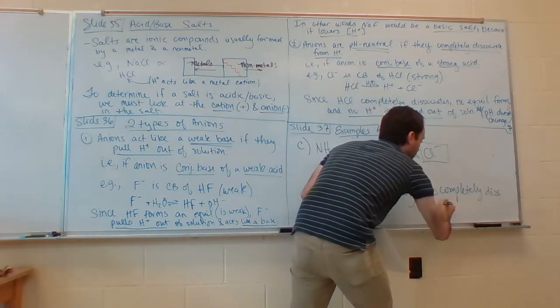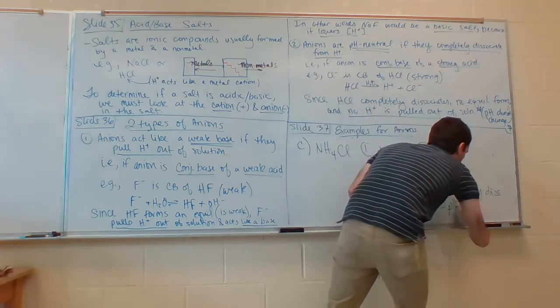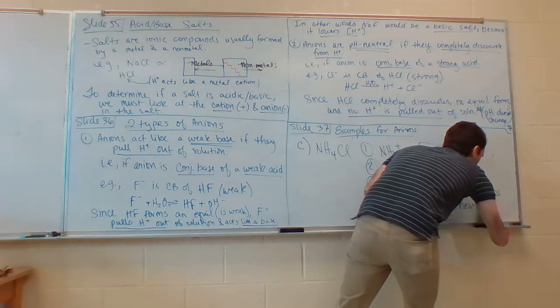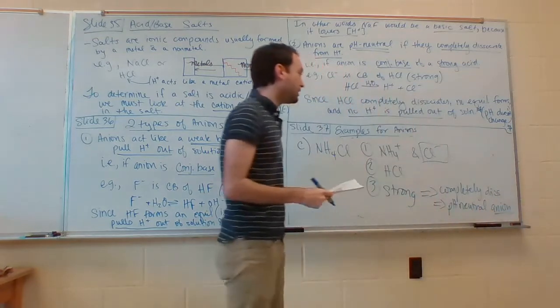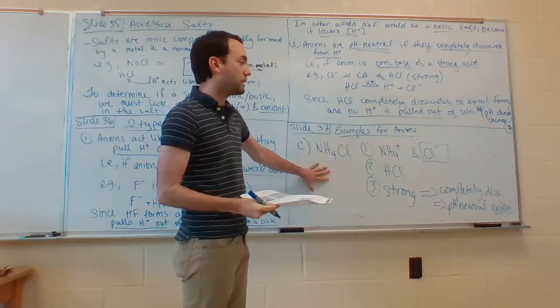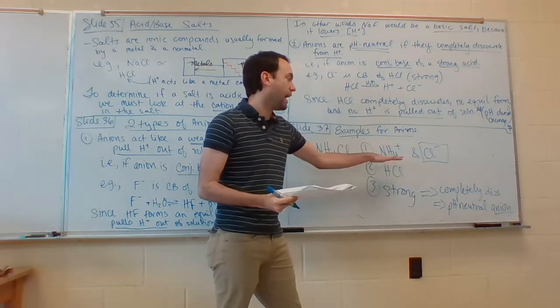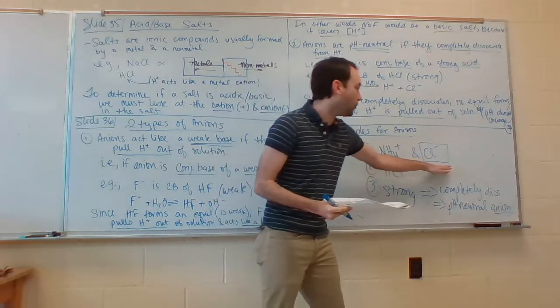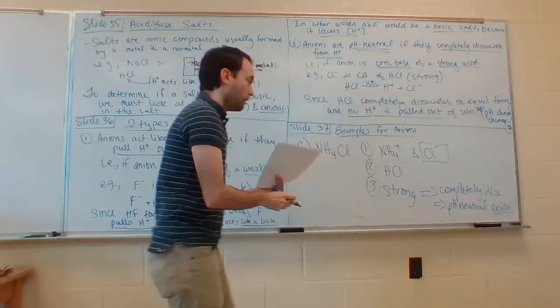And since it completely dissociates, that means that it is going to be a pH neutral anion. Now, in order for us to figure out whether our salt is acidic or basic, we're going to need to look at both the anion and the cation. But we know that at least our anion is pH neutral.